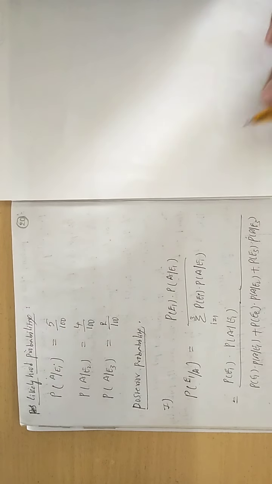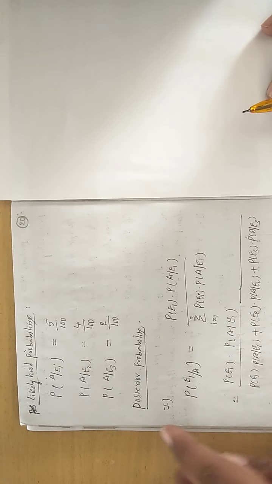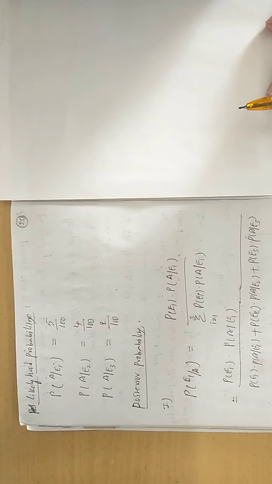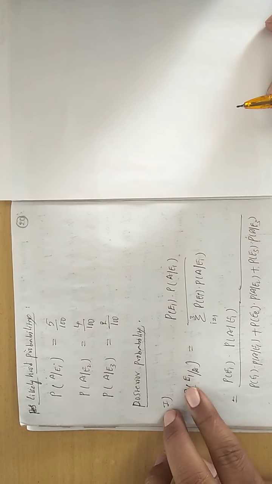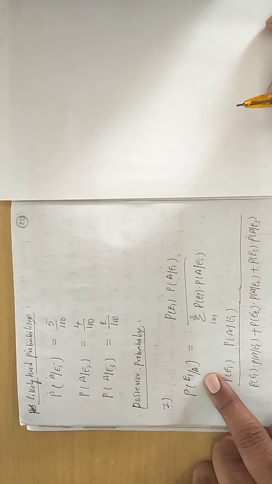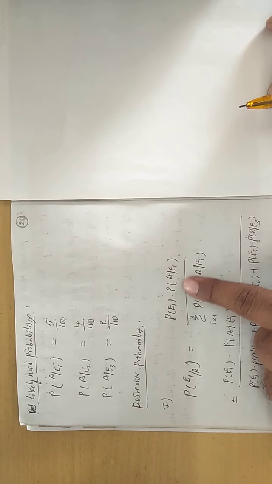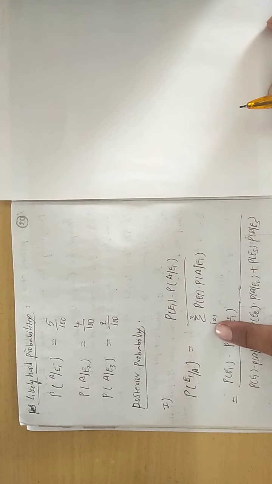We know the formula, but we are applying that formula for the first posterior probability. What is the first posterior probability here? Probability of E1 given A is equal to probability of E1 into probability of A given E1, by sigma probability of Ei into probability of A given Ei.